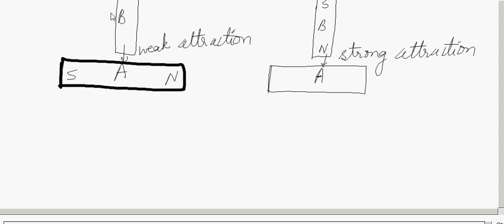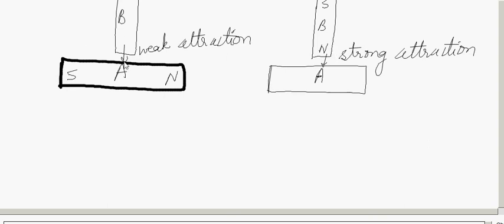So if one is magnetized and we want to ascertain which one, keep one bar horizontally and the other bar vertically, and the force of attraction between the two bars will determine which one is magnetized. If the force of attraction between the two bars is large, then bar B is magnetized because its pole will apply larger force.